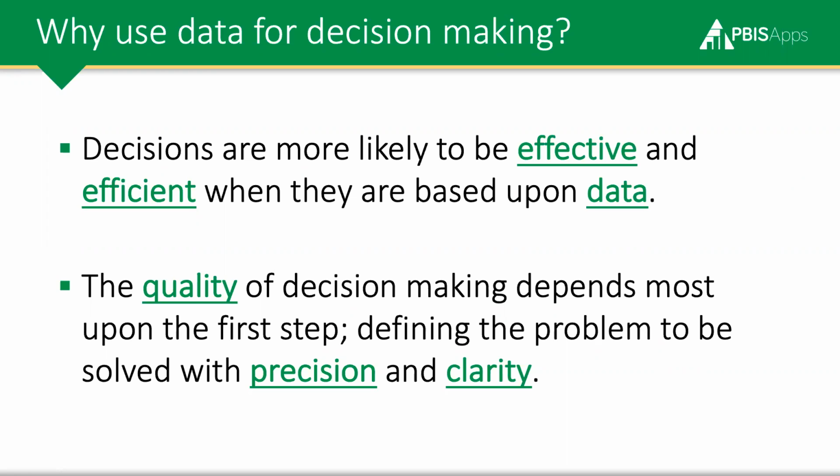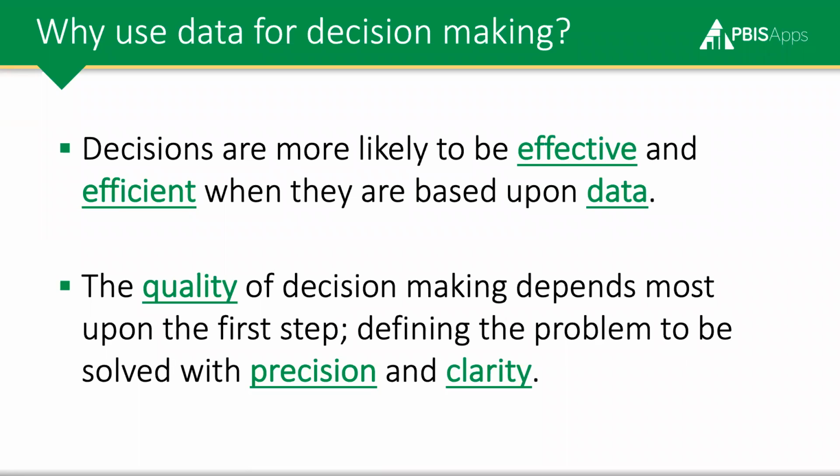That might be true, but we need more specific information about what's going on in the cafeteria. What is the problem behavior? Who's causing all the action? When is it happening? Why is it happening? We need to get very specific in our data to help us build a solution.